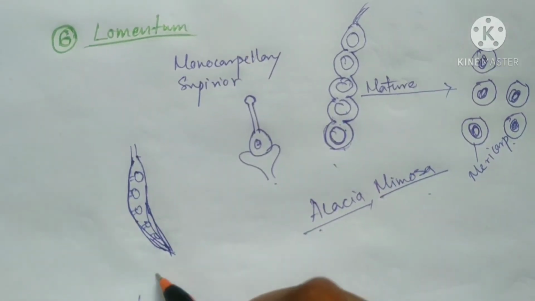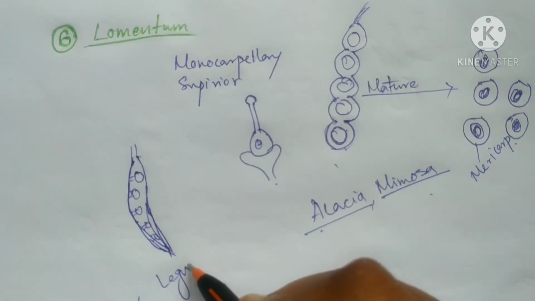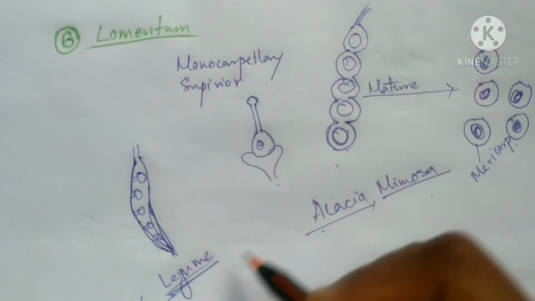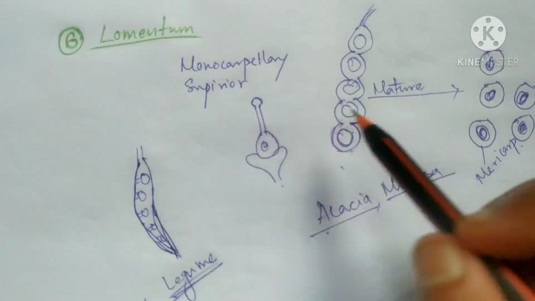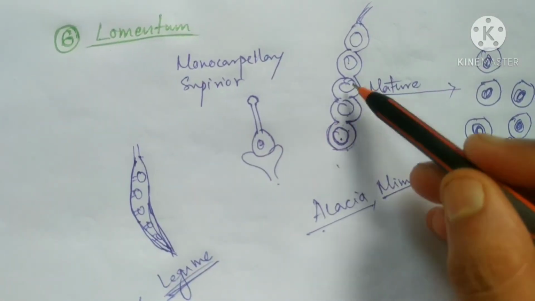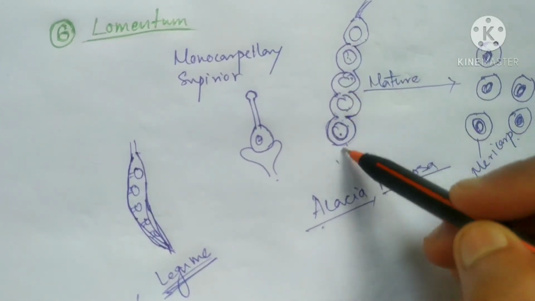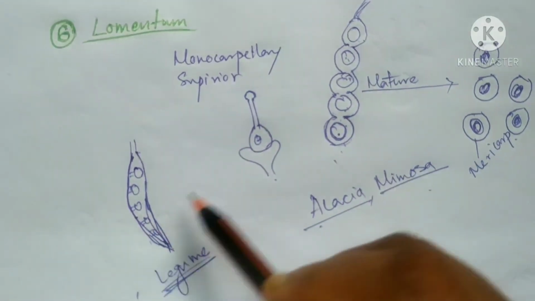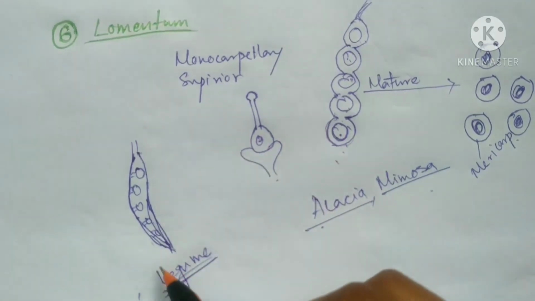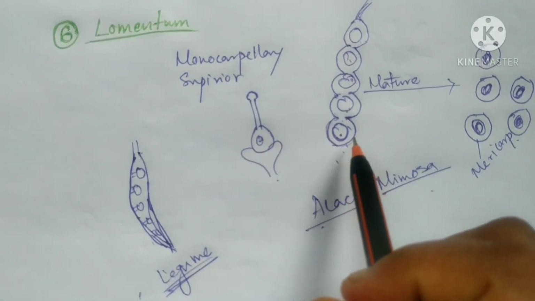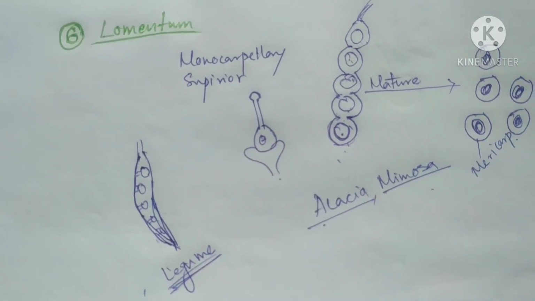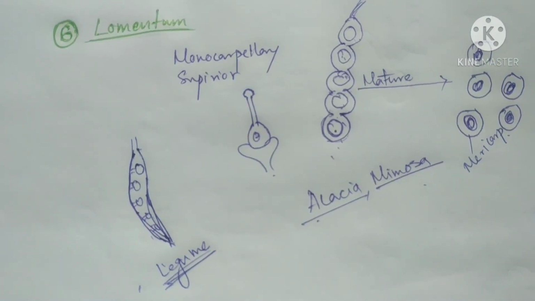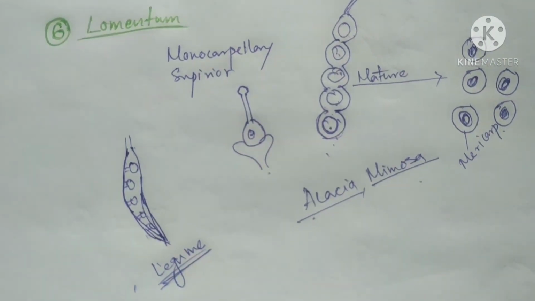So this is legume. We will discuss this later. And in case of Lomentum, each mericarp contains a single seed, right? So this is the difference between legume and Lomentum type fruit. So this is about schizocarpic type fruits.